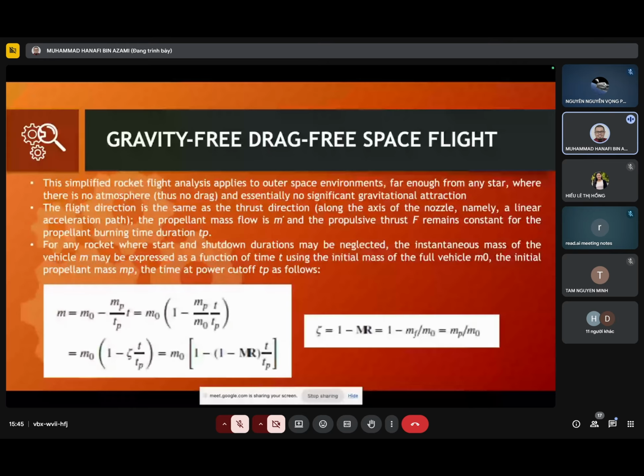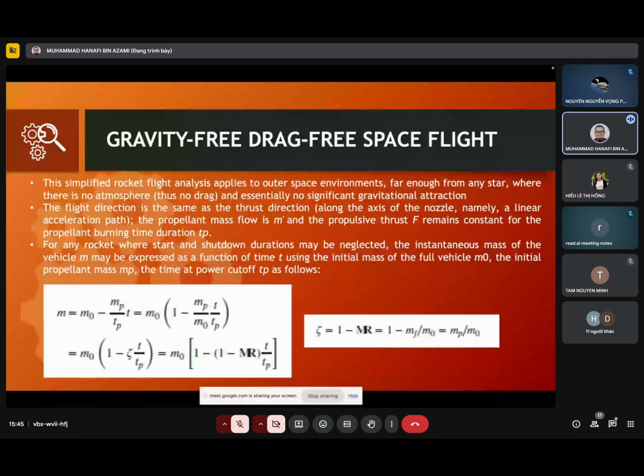M naught is the initial mass of the total vehicle, including payload and structure. The initial propellant mass is mp. So m naught is the initial mass, and mp is the propellant mass, which is the fuel and oxidizer you want to bring.